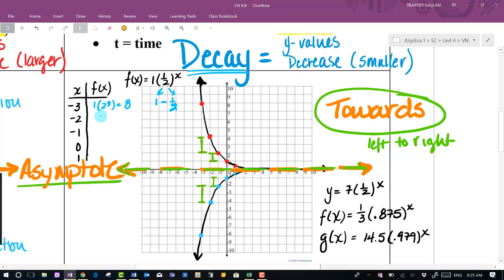And then this one's going to go to 1/2 squared, because that negative is flipping this 1/2, and we're going to get 4. Then I put in -1, and I get 1/2 or 2, and then I put in 0, and 1 to the 0 power is 1, so I'm going to get 1. If I put in 1, I'm going to get 1/2, and I could keep that going, but that's where these values came from.